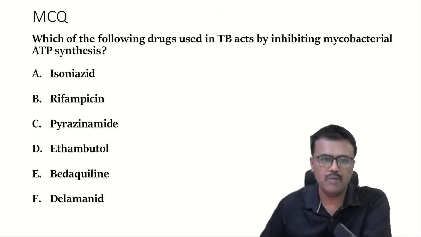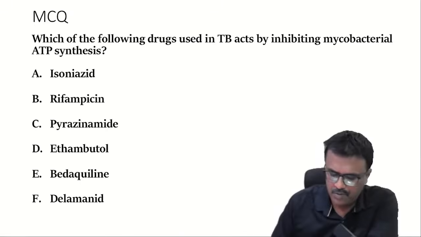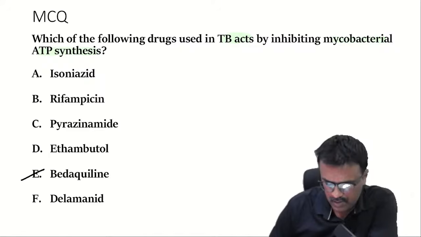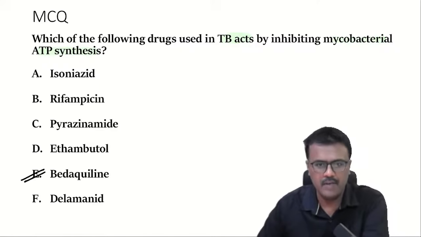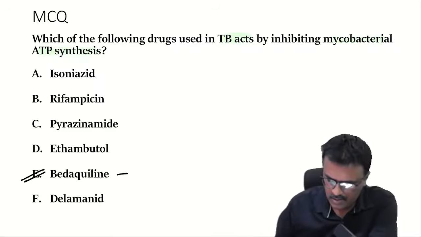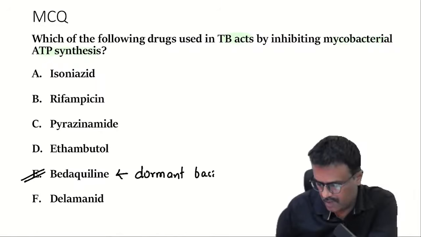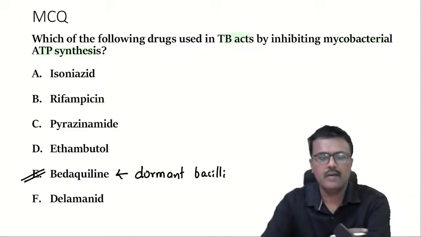So coming to tuberculosis, which of the following drugs used in TB acts by inhibiting mycobacterial ATP synthesis? So the drug is none other than bedaquiline. It inhibits mycobacterial ATP synthesis, and it is the only drug which acts on dormant TB bacilli. Right.